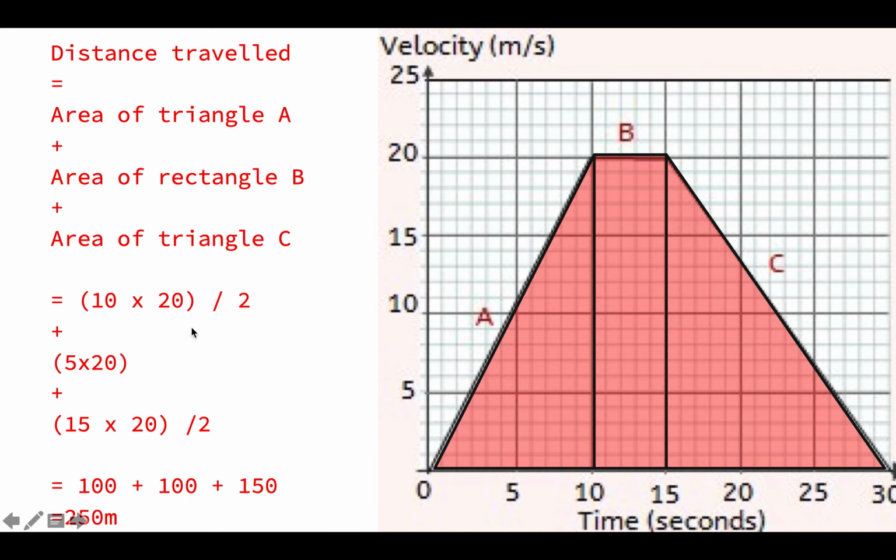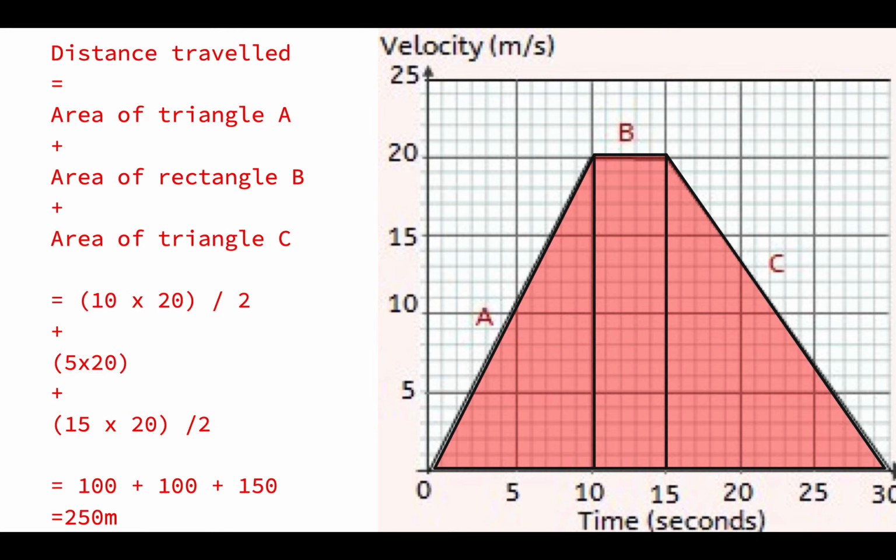So if we put that into our calculator, we end up with 10 times 20 divided by 2, which is 100, 5 lots of 20, which is 100, and 15 times 20 divided by 2, which is 150. So the total distance travelled, represented by this velocity time graph, is 250 meters.